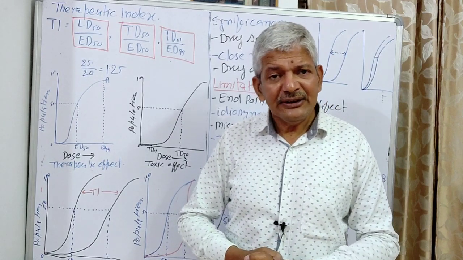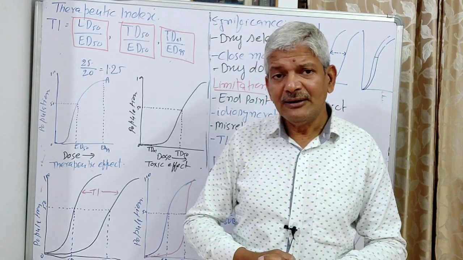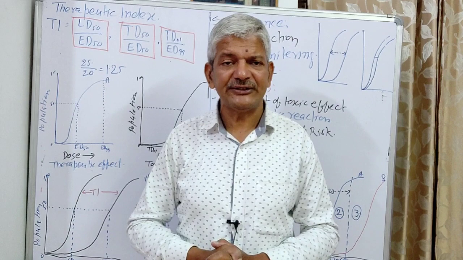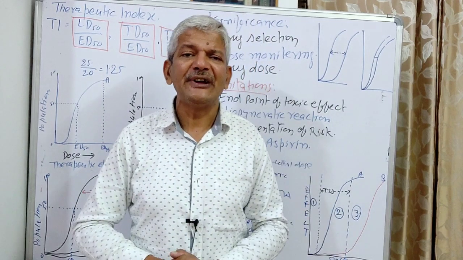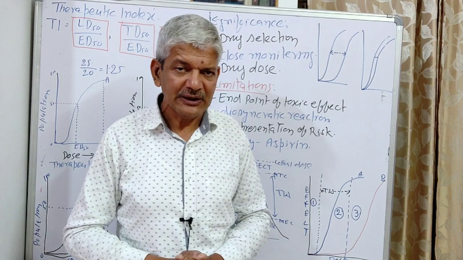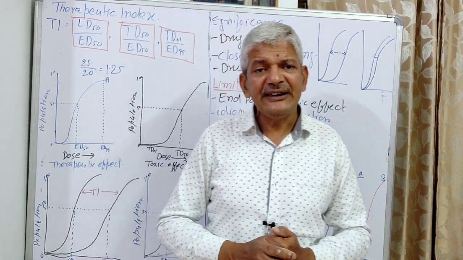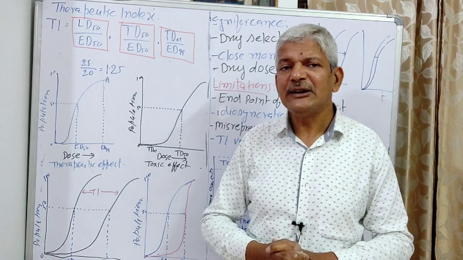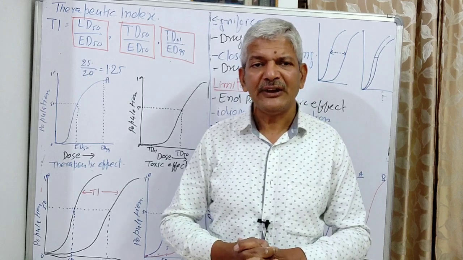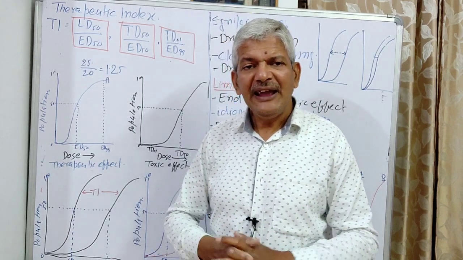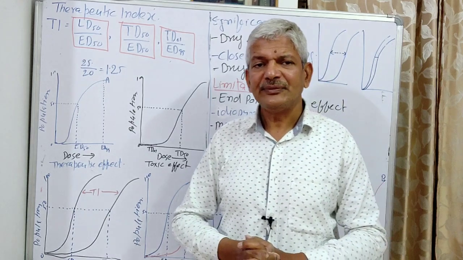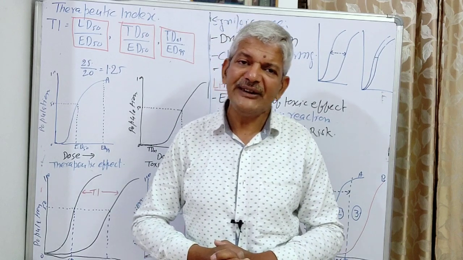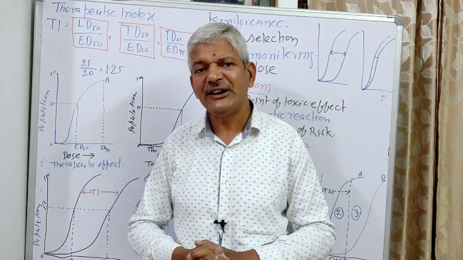Now, is it correct or reliable to use the therapeutic index for these three purposes? There are some limitations of the therapeutic index. We are using the median lethal dose, LD50. LD50 is decided in preclinical animal studies. If it is decided on animals, we cannot extrapolate it to the human being, because LD50 for the animal will be different and LD50 for the human will be different.